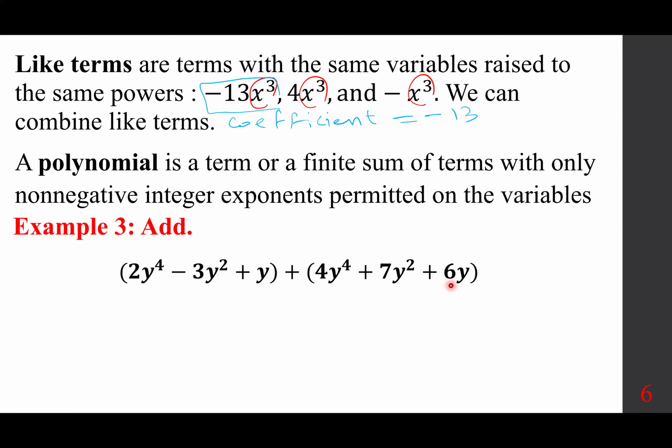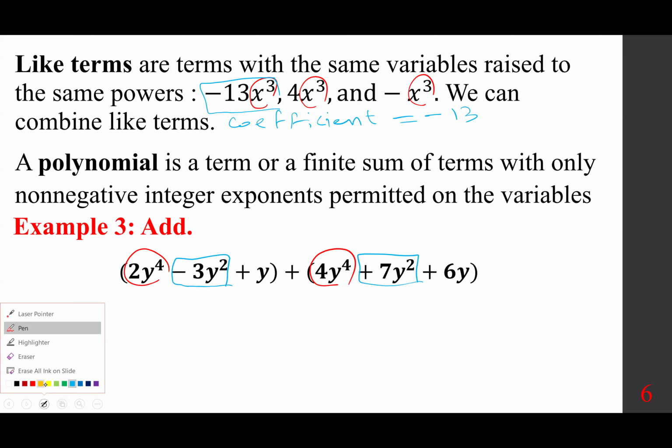We can add like terms, which means we can add these two. We can add these two. And then these two. Why is that?